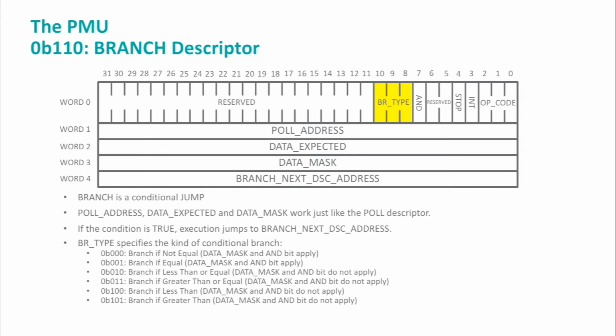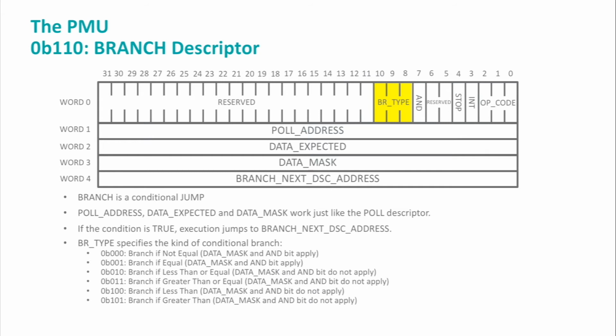If the AND bit is set, then all identified bit positions must match, and if the AND bit is clear, then the condition is met if any bit position matches. BR type 0 is branch on not equal. That is, if the match condition is not met, the branch is taken. BR type 1 is branch on equal. That is, if the match condition is met, the branch is taken.